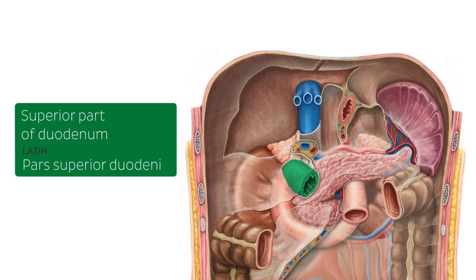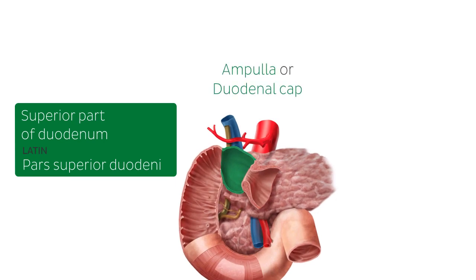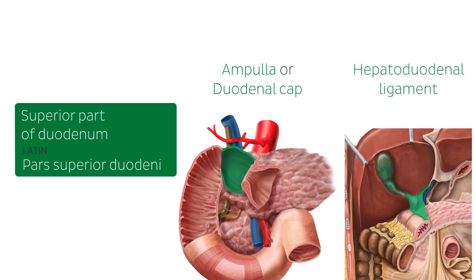Now, in this first part of the duodenum, there is a functional dilation called the ampulla, which you can see clearly highlighted in green, and also known as the duodenal cap. This is the region where most duodenal ulcers occur. The superior part of the duodenum is located intraperitoneally and is attached to the liver via the hepatoduodenal ligament, which you see highlighted in green.